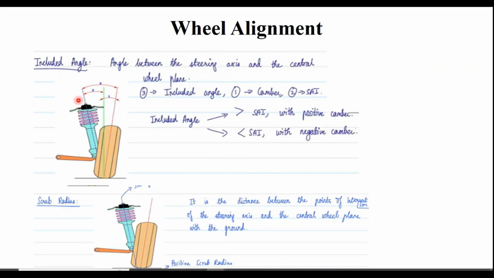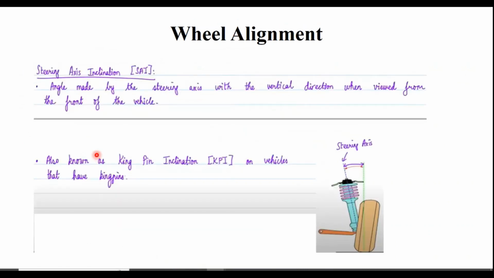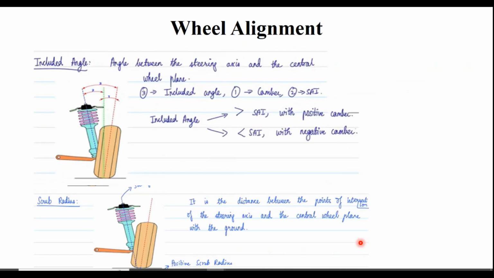So what is called the included angle? We have seen in the previous slide SAI, where it is the angle made by the steering axis with the vertical direction. Now you have three terms: included angle, camber, and steering axis inclination.